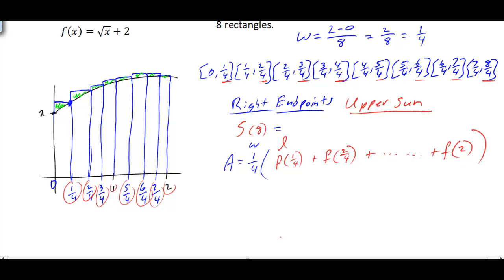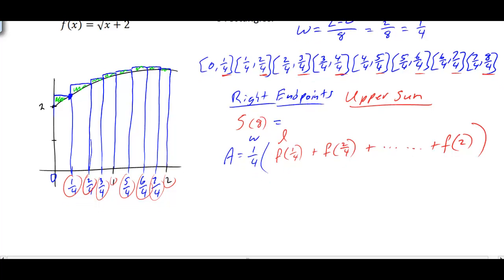Just realize that you need to plug the 1/4 into the square root. So the square root of 1/4 plus 2, and then the square root of 2/4 plus 2, and so on. Add all of those values up and you could multiply by 1/4.